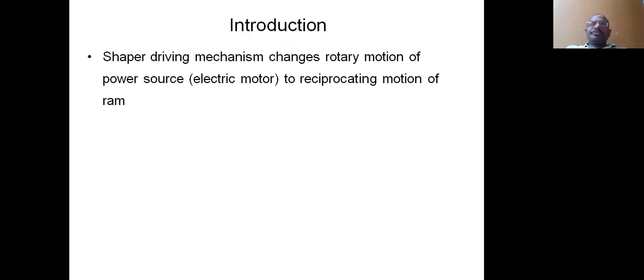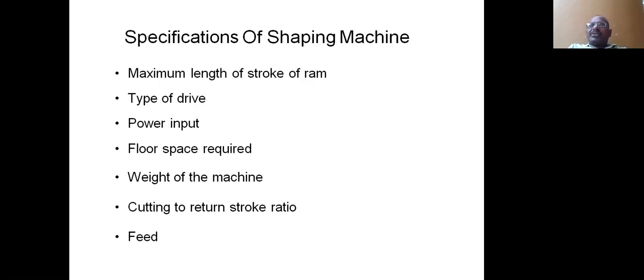In this way, the construction and specifications of the shaping machine are completed. For this class, the construction and parts of the shaper are completed, and in addition, the specifications of a shaper are also discussed. With this, the second class on the shaping machine is concluded.